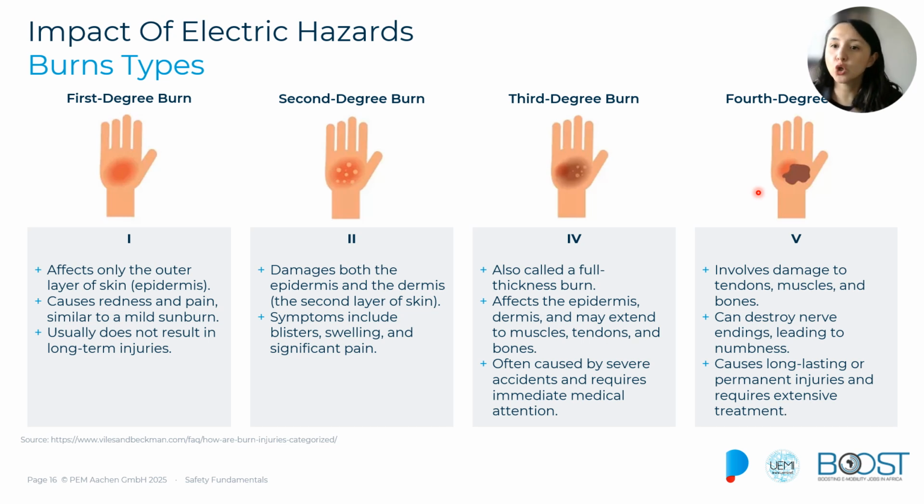Only by being close to an arc flash, you can be exposed to these severe injuries. And this is why using proper equipment such as flame-resistant clothing is so critical in some of the tasks that we have to perform.